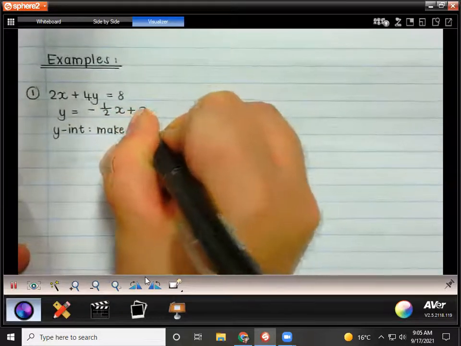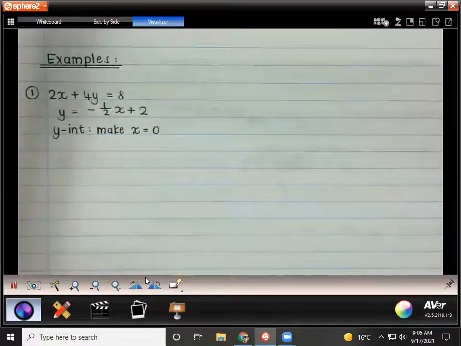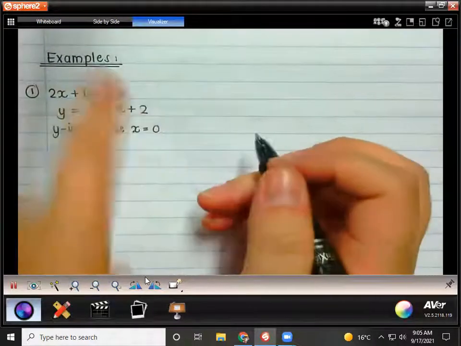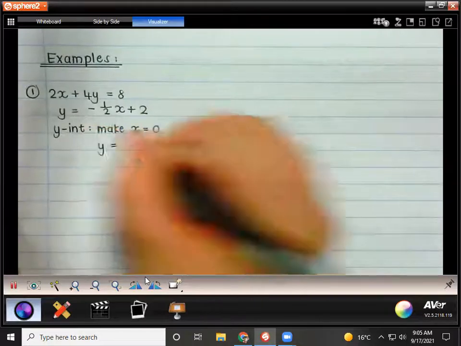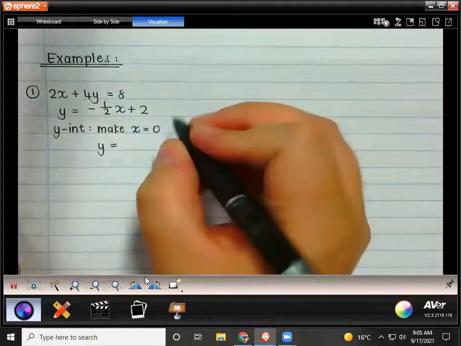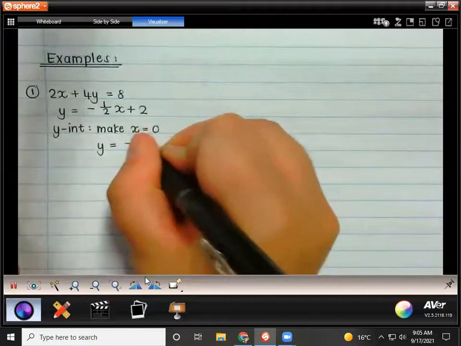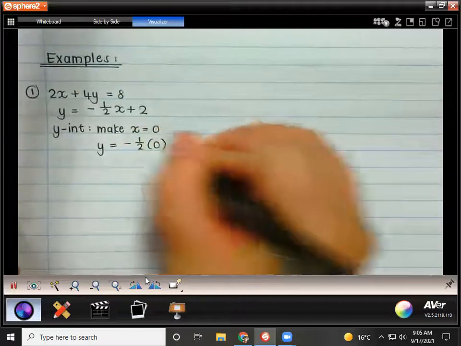For the y-intercept, we're going to make x equal to 0. So it's always the other one that you make equal to 0, right? For your y-intercept, you're going to make x equal to 0. In our equation, we have to use the equation. That's the only way to do it. So you're going to say y is equal to negative a half times 0, right?